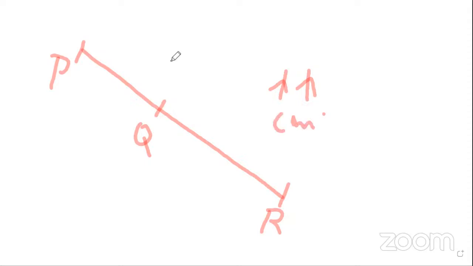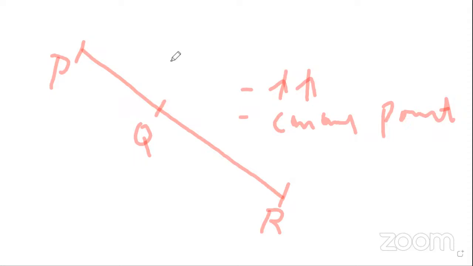Those are the two things we use to show collinearity. Number one, parallel vectors. Number two, common point. Both of them should be there for you to prove collinearity.